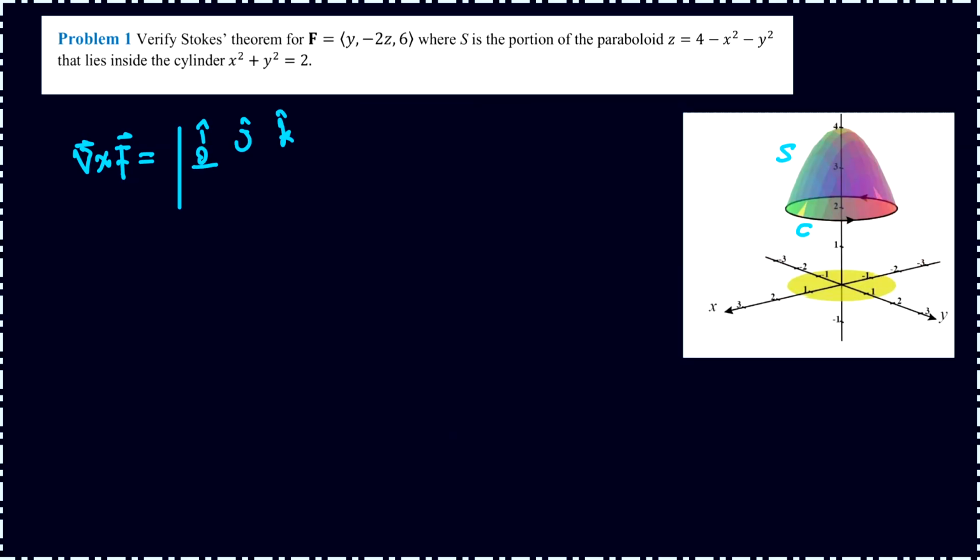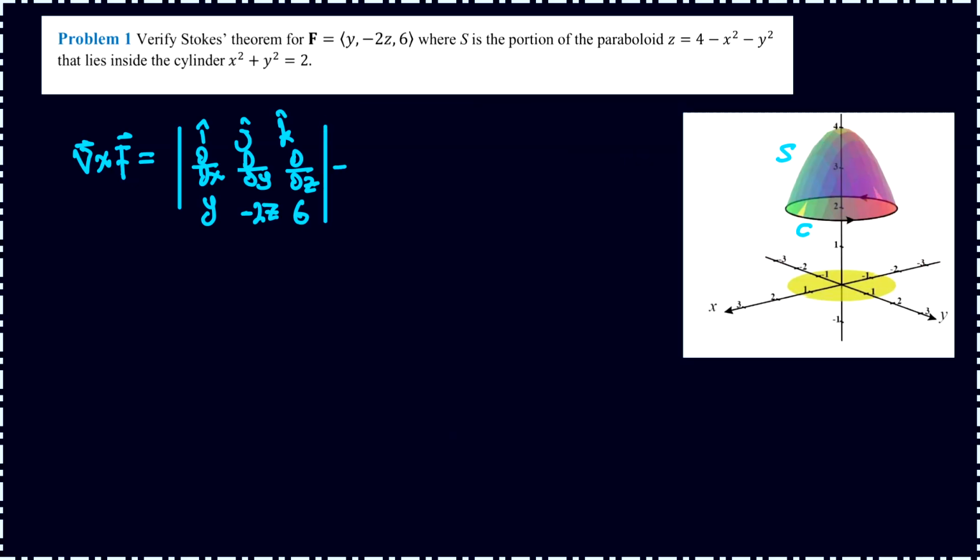But the curl of the vector field, so again, these are the partial derivative operators. And then we have y, negative 2z, and 6 as the vector field.